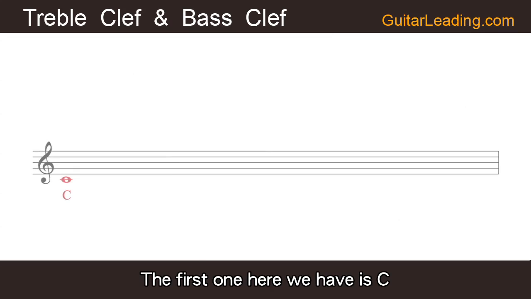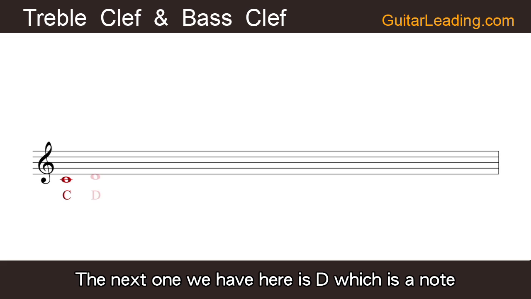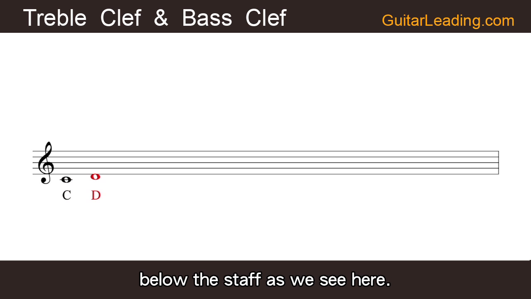The first one here is C, which is placed on the first ledger line right below the staff. The next one is D, which is a note below the staff, as we see here.